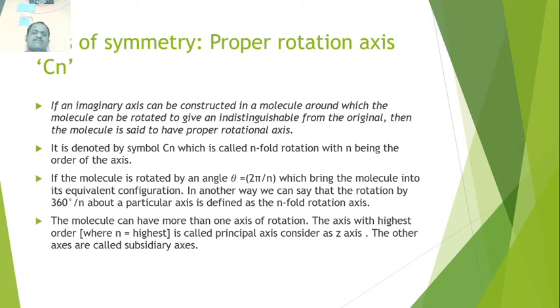Let's say n is equal to 1, 2; which number is highest? 2 is the highest number, so n is equal to 2 becomes the principal axis, and n is equal to 1 becomes a subsidiary axis. The highest number is called the principal axis, and that is always considered along the z-axis. Remember that also.